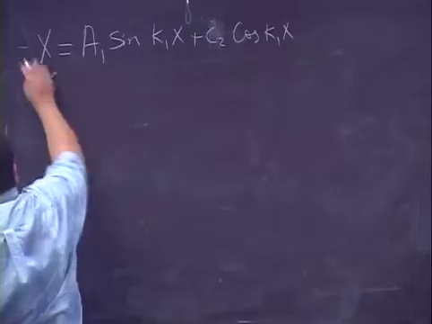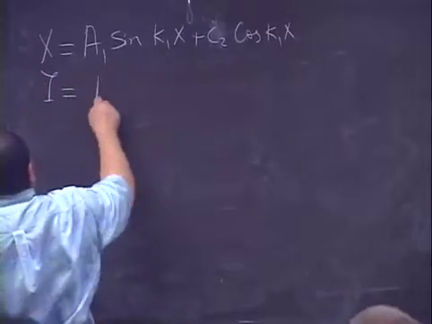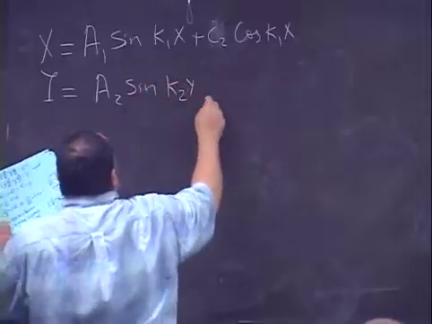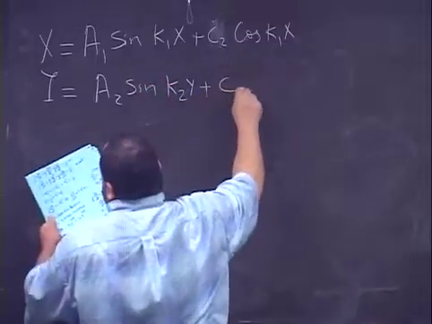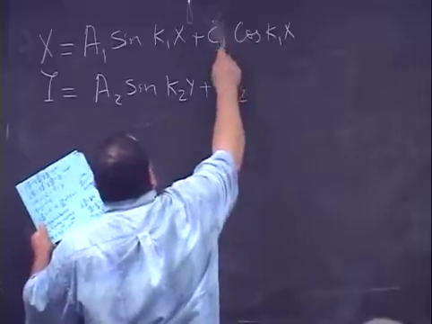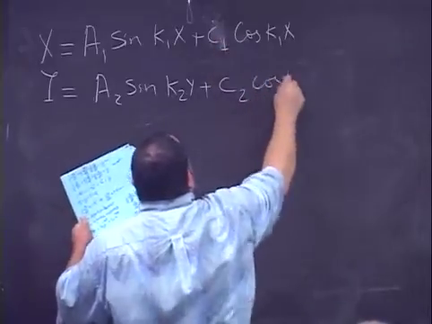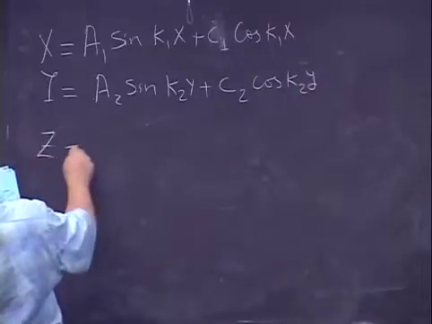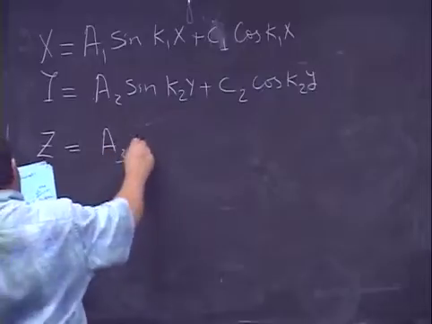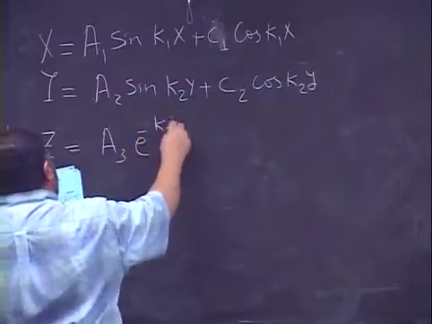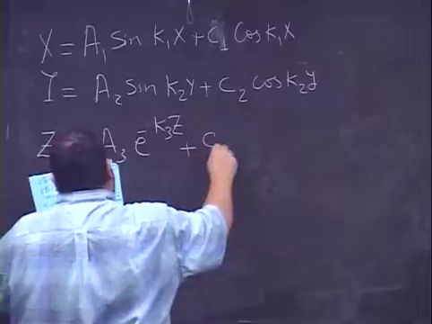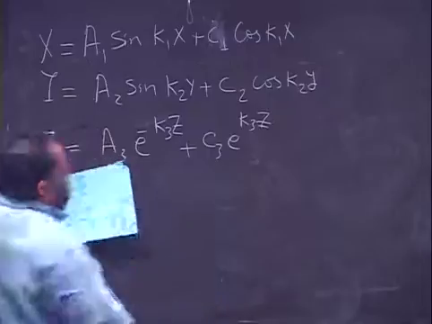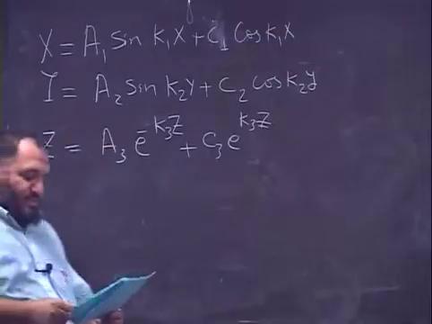Y will be similar: a2 sine k2 y plus c2 cosine k2 y. And what about Z? It will be a3 e to the power of minus k3 z plus c3 e to the power of plus k3 z. So those are the three equations that we want to play with.